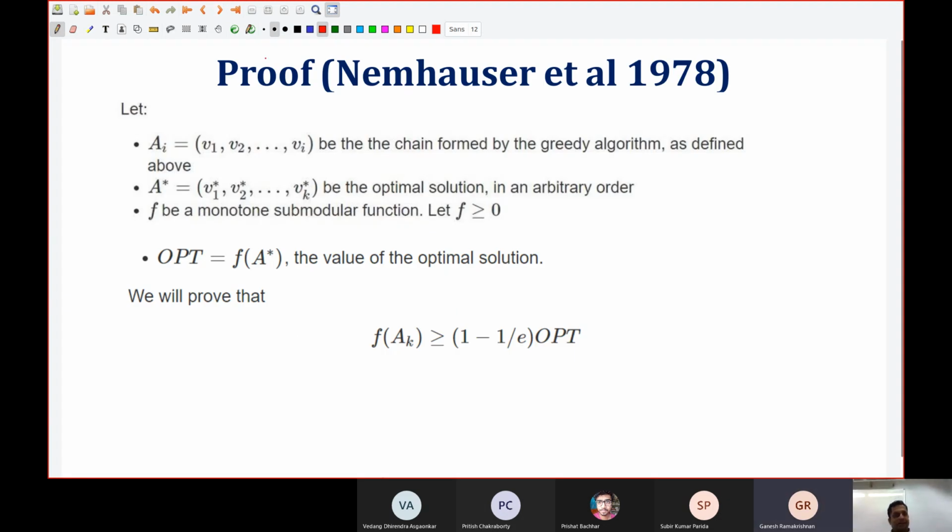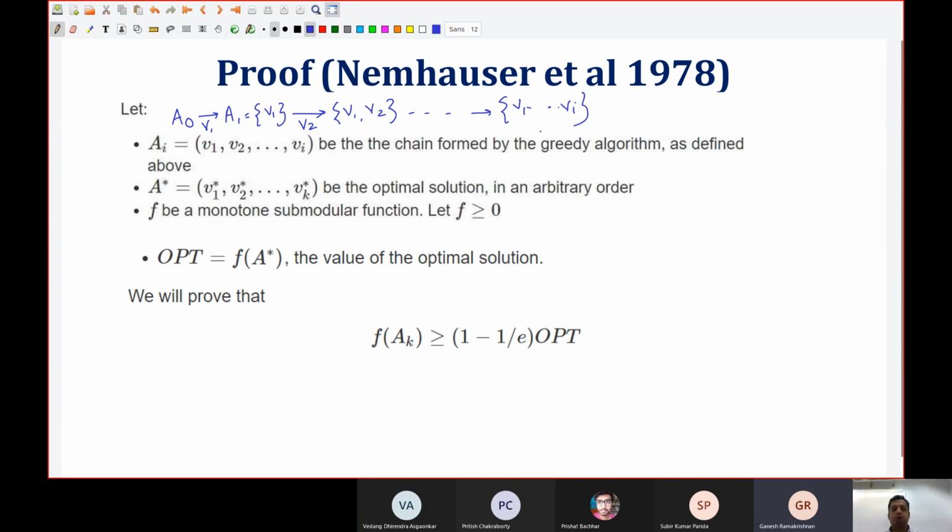I'm going to get started, and then you can probably note down some important steps. So we are going to have A_i as the chain formed by the greedy algorithm, which means that I began with A0, then I added an element V1 to get A1. Then I added V2, and so on, as a new set till I reached Vk.